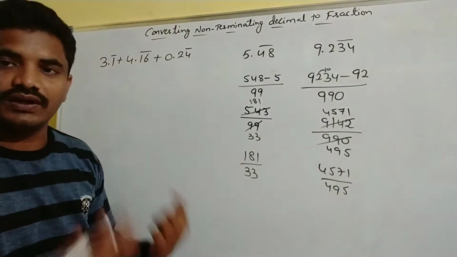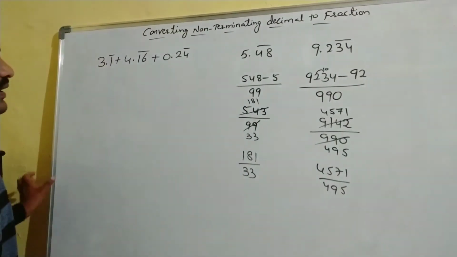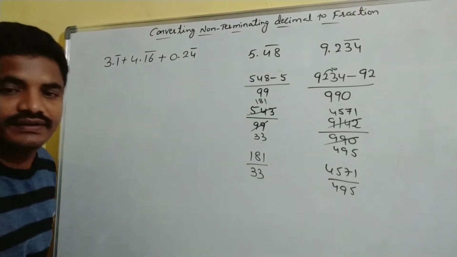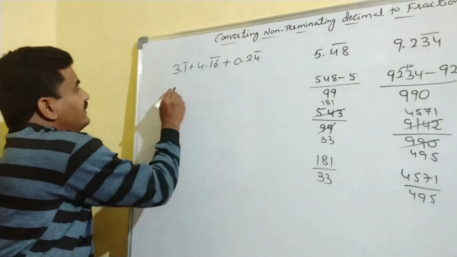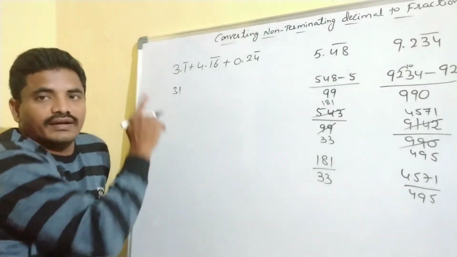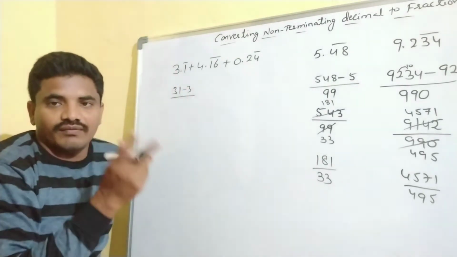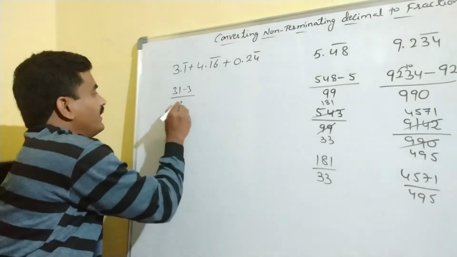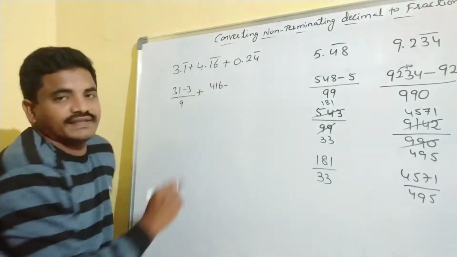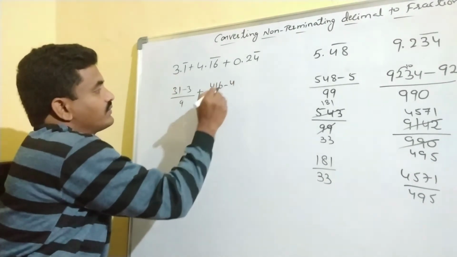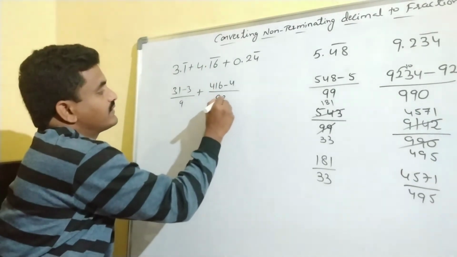Similarly, this question also we have to convert into fractional form, and then add. Let me take 3.1 bar, which we can write as 31 minus 3, by only one digit under the bar after the decimal, so 9. Plus 416 minus 4, since 4 is not under the bar, and 2 digits are under the bar, so we take 2 nines.